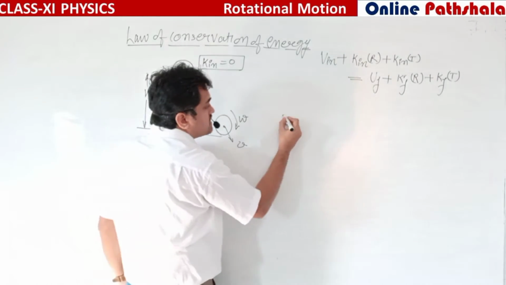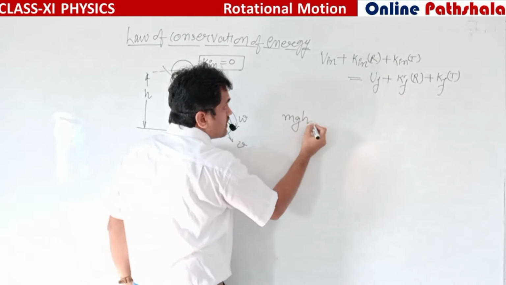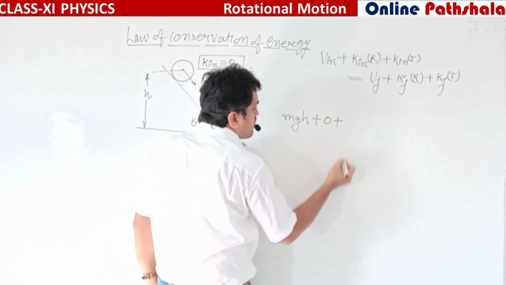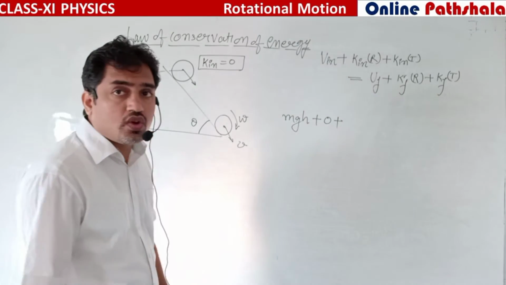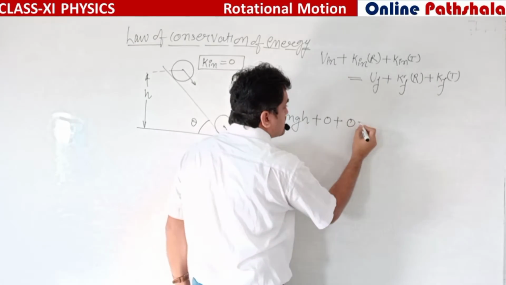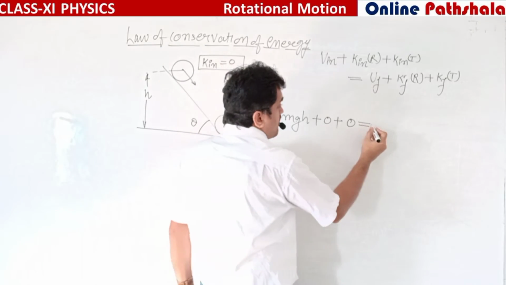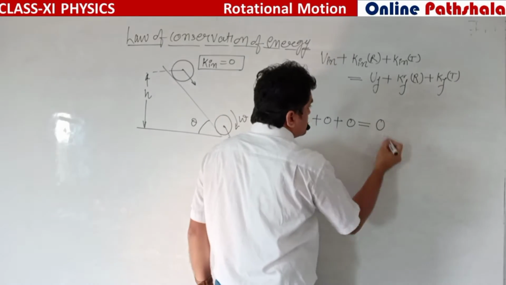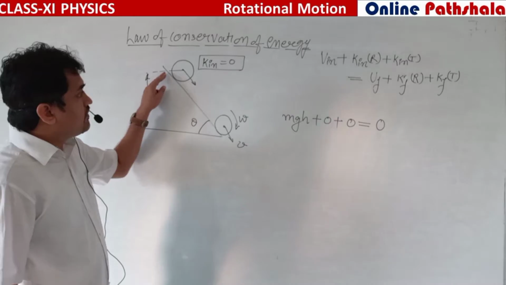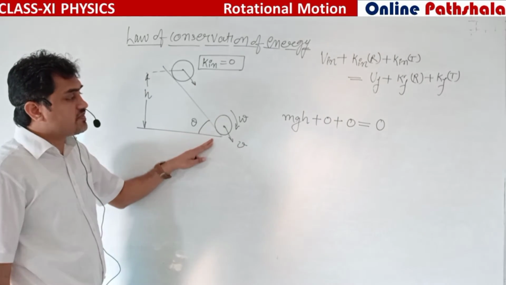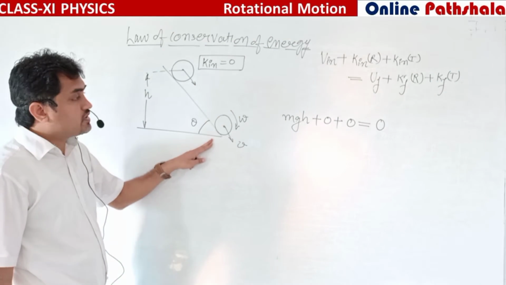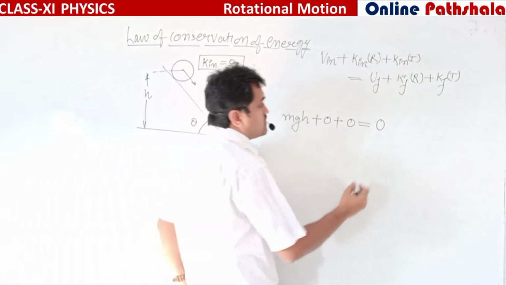Initial potential energy is mgh, plus initial kinetic energy for rotational motion, which is equal to 0, and initial kinetic energy for translatory motion, which is also equal to 0. Final potential energy, when it reaches the ground, will become 0.